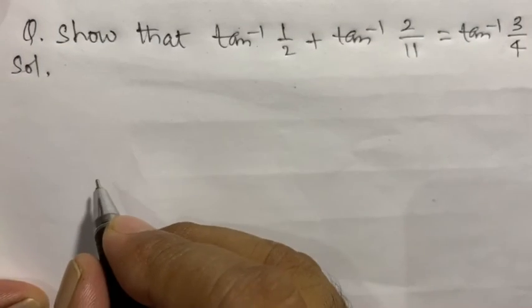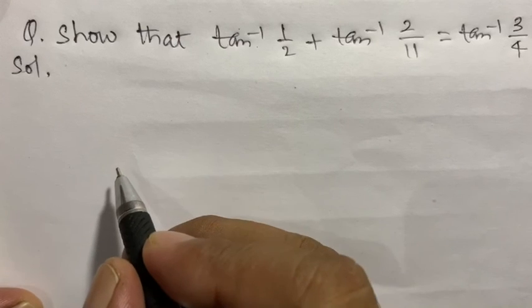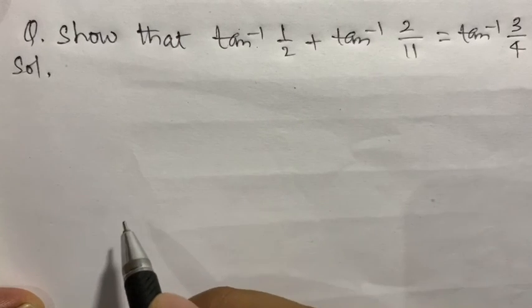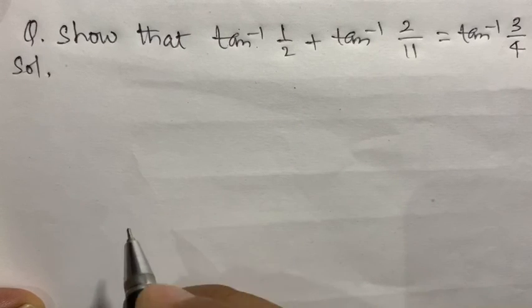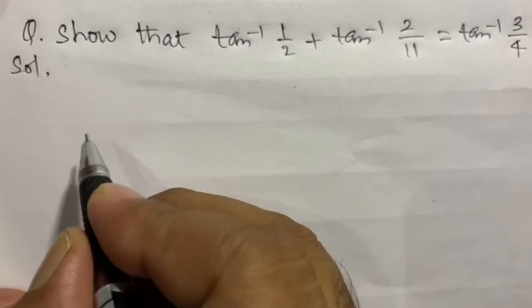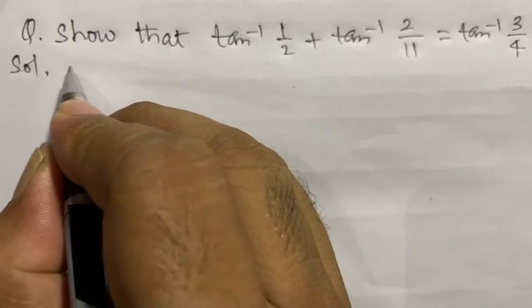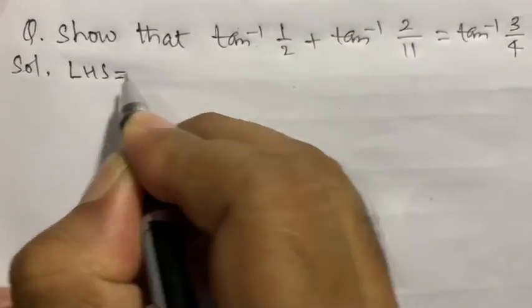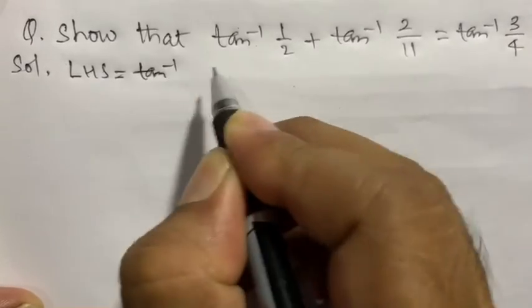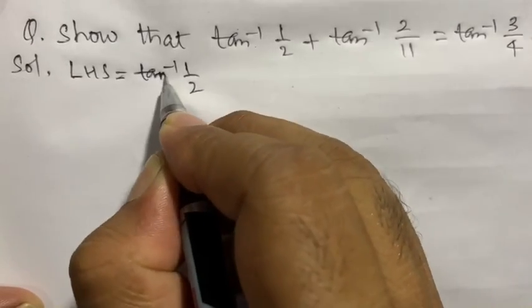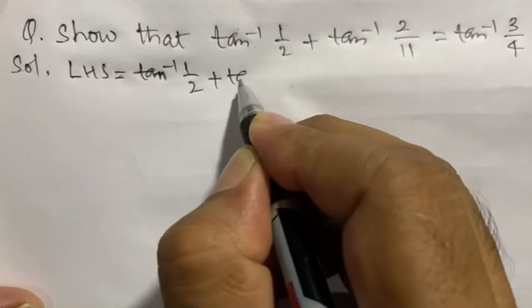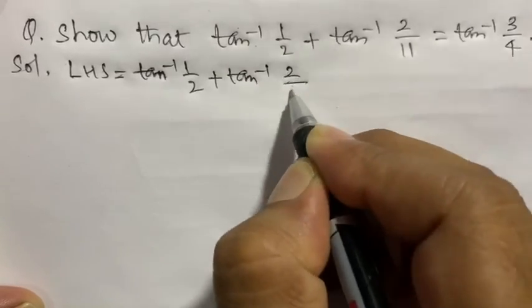Let us consider this question. Show that tan inverse of 1 by 2 plus tan inverse of 2 by 11 is equal to tan inverse of 3 by 4. How will we proceed here? We will write LHS is equal to tan inverse of 1 by 2 plus tan inverse of 2 by 11.